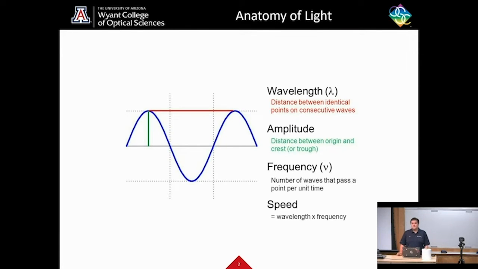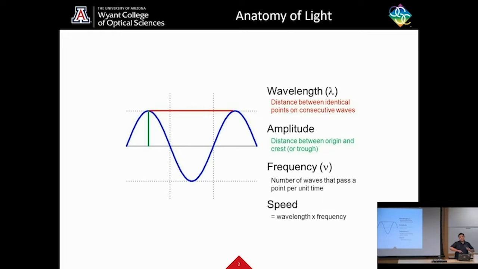The first thing you need to know is the actual structure of light. So we're going to start off with what is a wavelength. A wavelength is the distance between 2 points on consecutive waves of light. Now, light travels in waves, so this helps us determine what the color and what the energy is of that light.